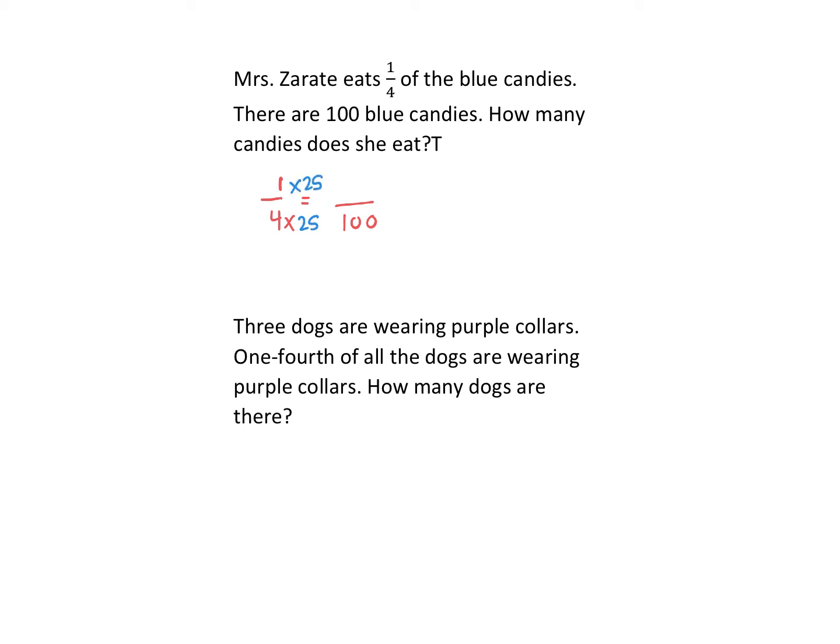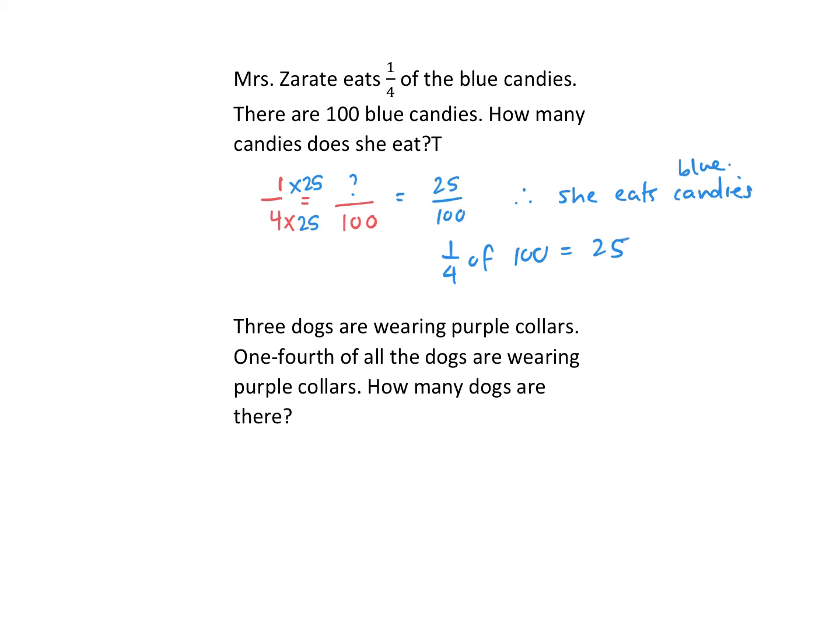So I'm going to find an equivalent fraction. So 1 over 4 is equivalent to how many out of 100? It would be equal to 25 out of 100. So therefore she eats 25 candies. So 1/4 of 100 is 25.